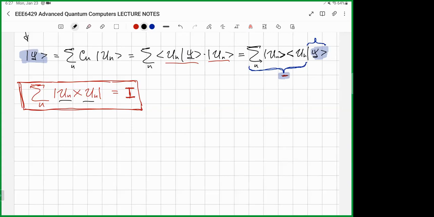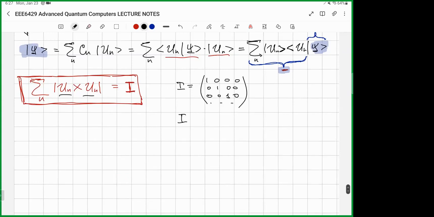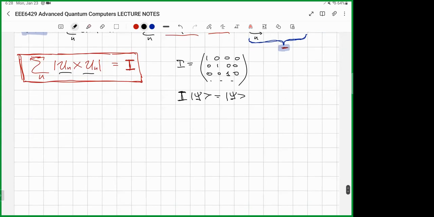Sorry, not unitary, the identity matrix. I repeat that I is equal to something like this. The matrix that basically doesn't change anything. If you multiply this matrix I times vector psi, in result you get vector psi. Doesn't change anything.